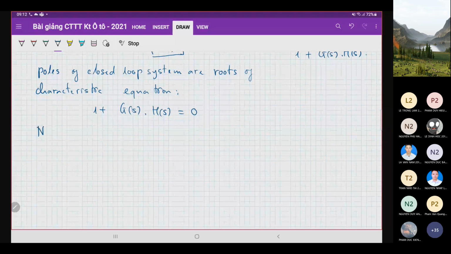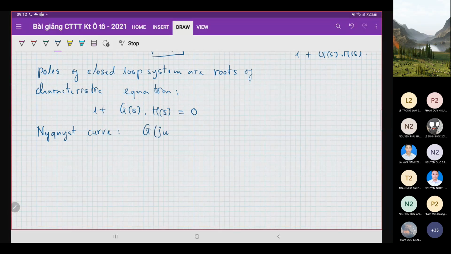The Nyquist curve is the function of G(jω) multiplied with H(jω).